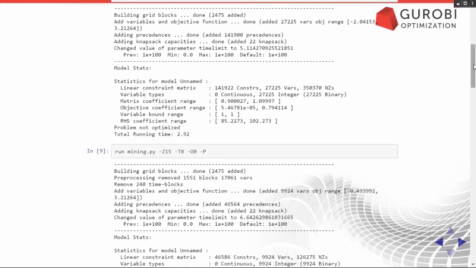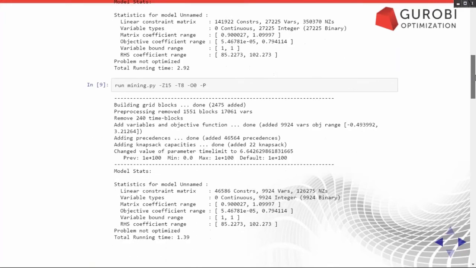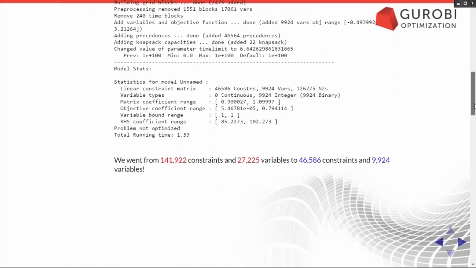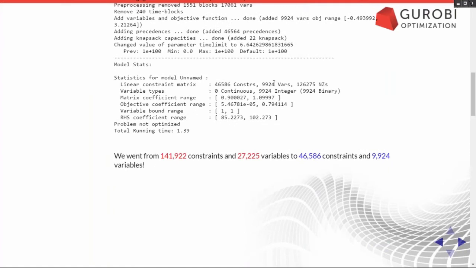the situation improves quite a lot. You only end up having 46,000 constraints and only about 10,000 variables. So that's really an improvement. It's really around a third, and whenever you can do that kind of thing, it is really huge.